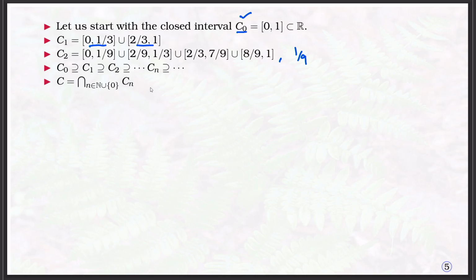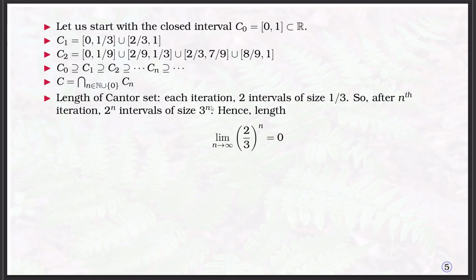Now we will try to understand the nature of the Cantor set. For that, let us find the length of the Cantor set. After each iteration we have 2 power n intervals of size 1/3 power n.